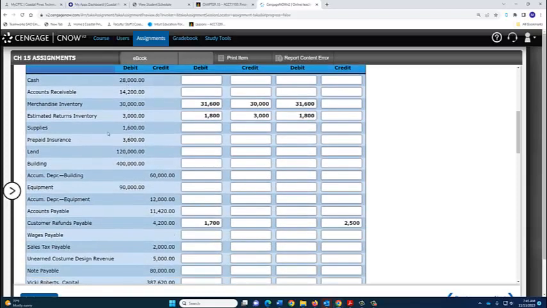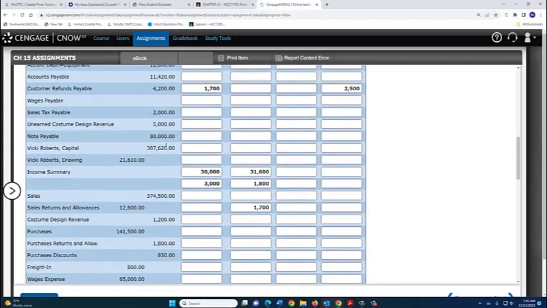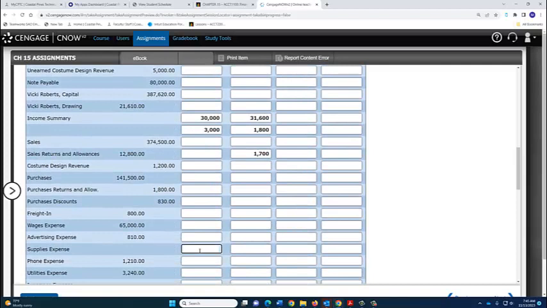So we need to reduce our supplies with a credit of $1,250, and that means we're going to come down here and debit supplies expense for $1,250.